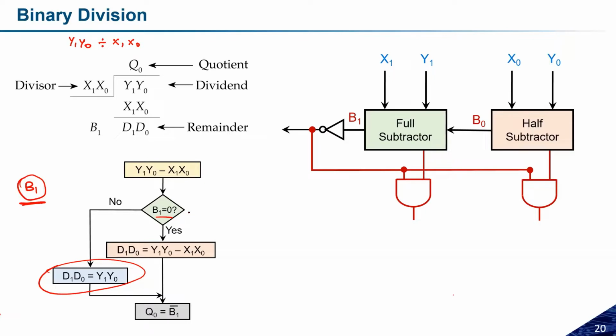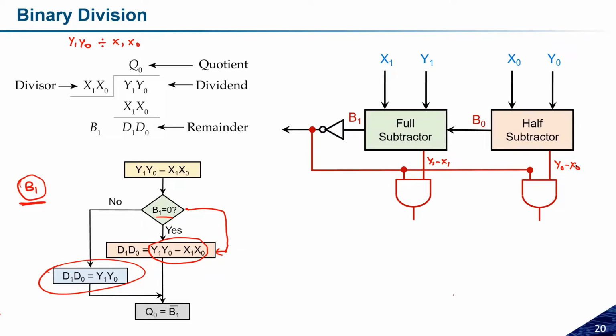Is this first logic clear or not? Why are we deciding like this when b1 is equal to 0, how did we get to know? See, y1 y0 is coming like this: this component is y1 minus x1, and this is y0 minus x0. So we got like this.